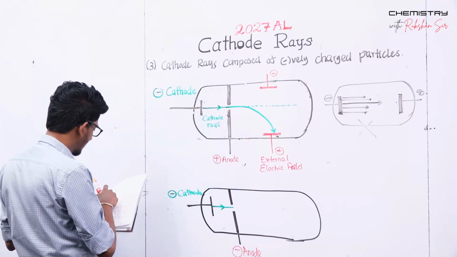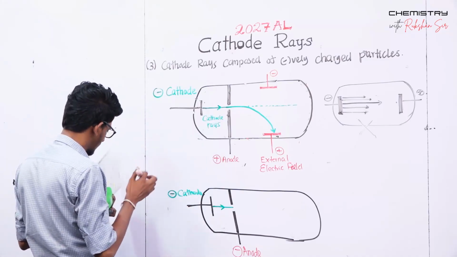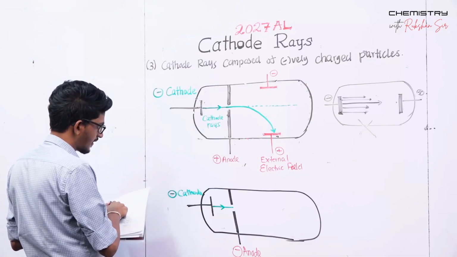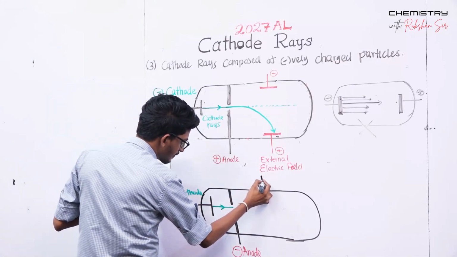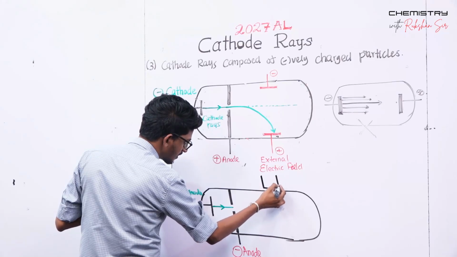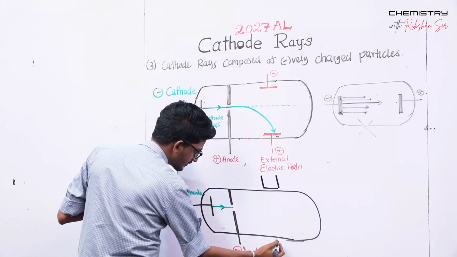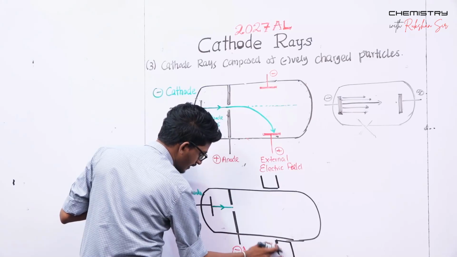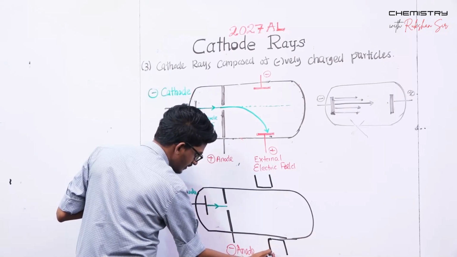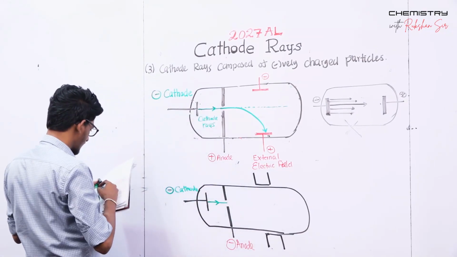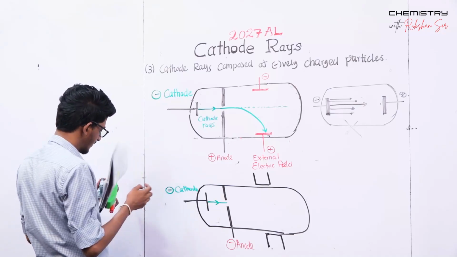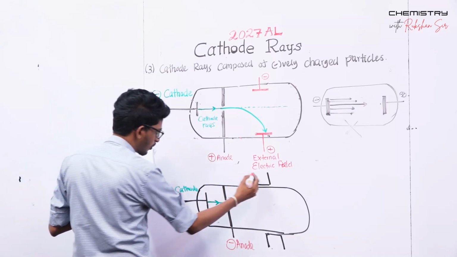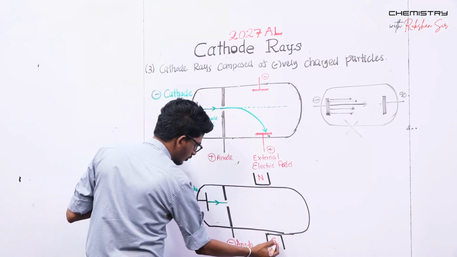Then you can place some external magnetic field here, some external magnetic field. So this could be marked as the north pole and this as the south pole.